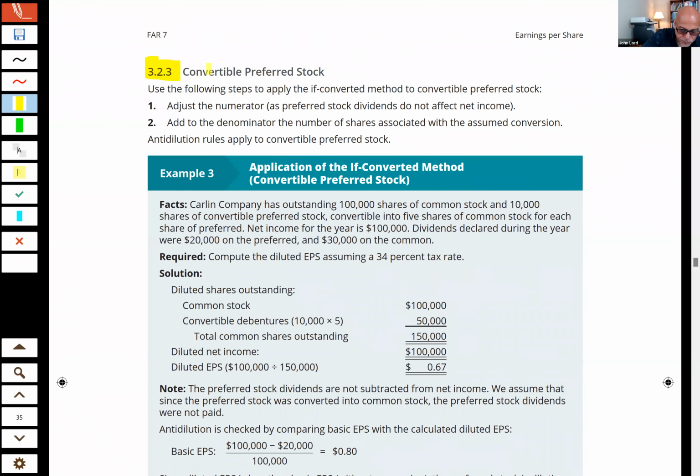Convertible preferred stock. For the convertible preferred stock, pretend that it was converted into common stock, and adjust the numerator, as preferred stock dividends do not affect net income.